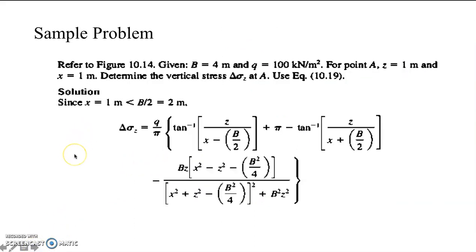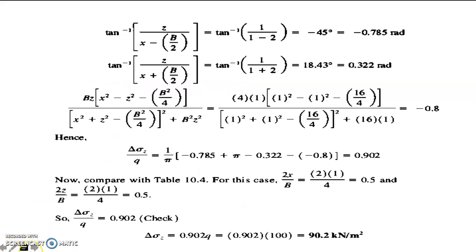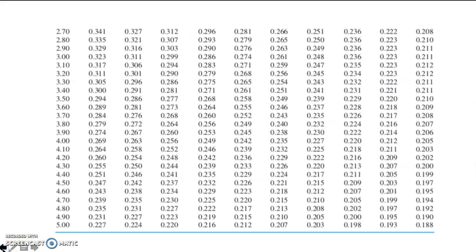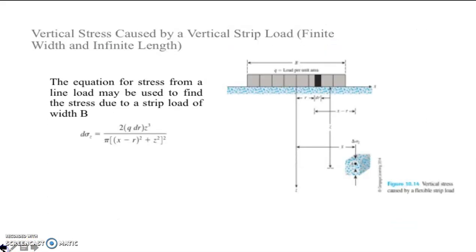So we have here a sample problem. Refer to the figure given: we are having b equal to 4 meters, q is 100 kilonewton per meter squared. At point A, z is equal to 1 and x is equal to 1. Determine the stress at point A. So basically, the figure that you are referring to is this figure for that particular sample problem.